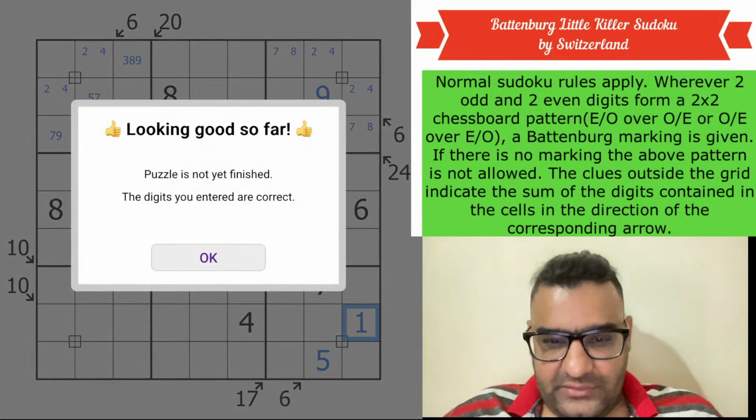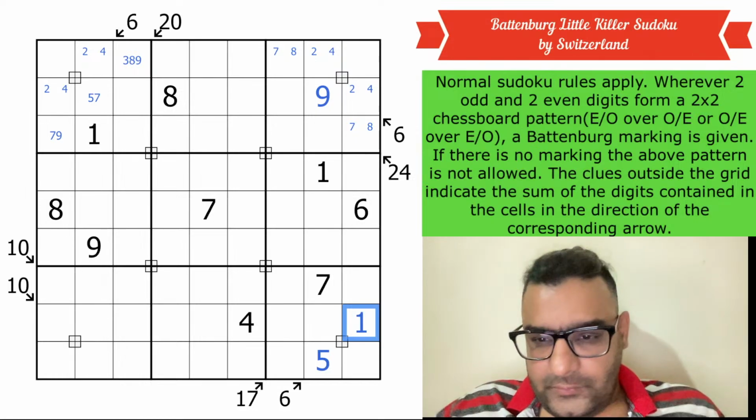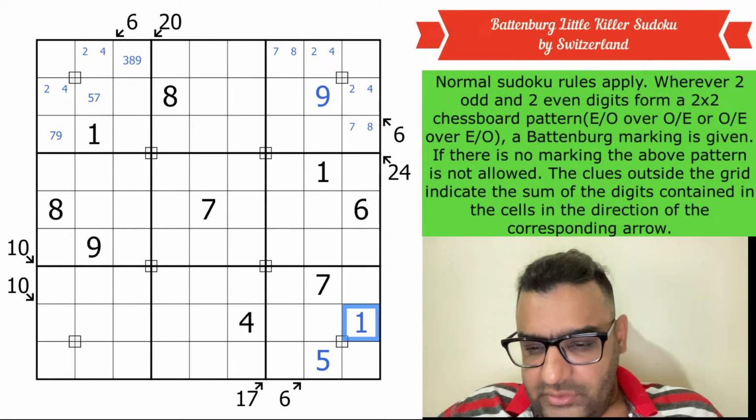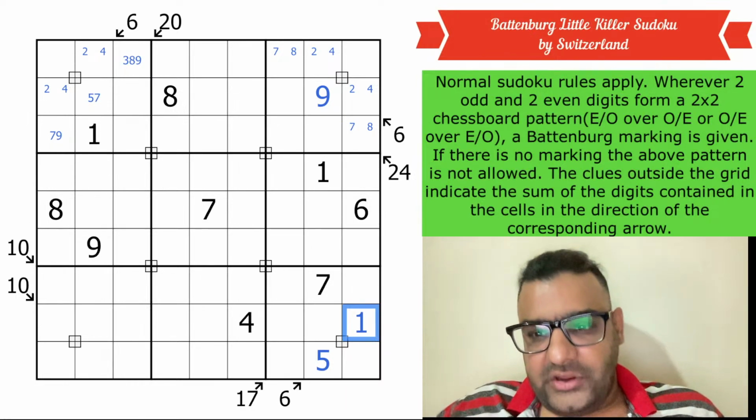Let me check if I am going correctly until now. So we already know 5 and 1. So these two numbers would be even. So now put 17.